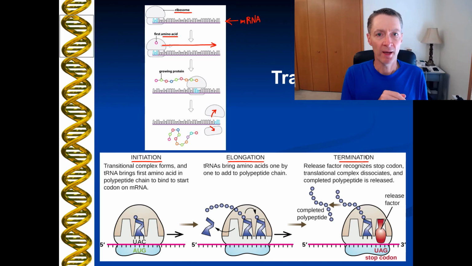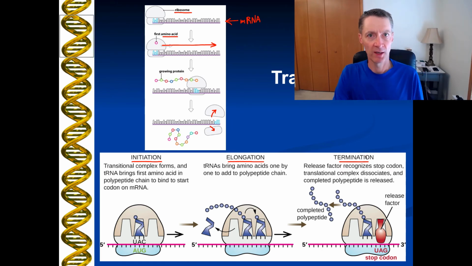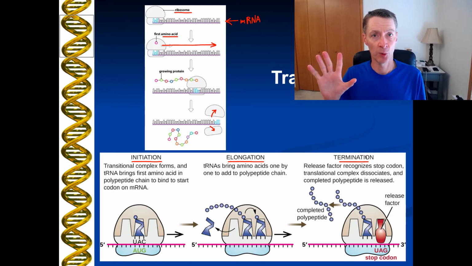What we now have is a ribosome, this protein factory, latching on to the transcript, elongating the amino acids coming together to make a protein, and then detaching when that protein is finished. Okay?